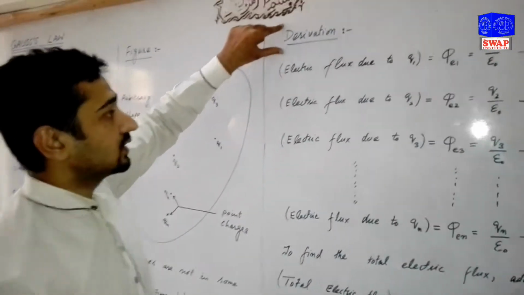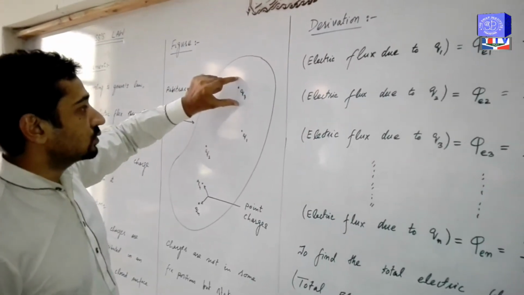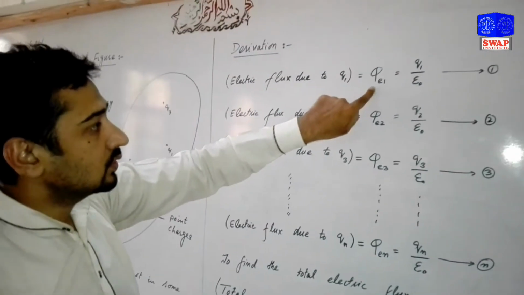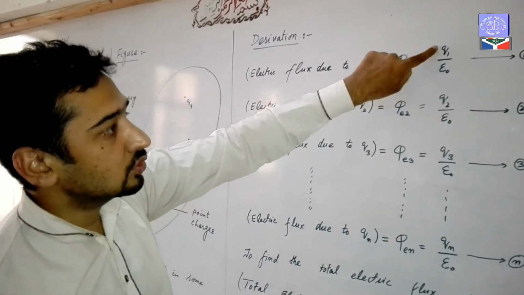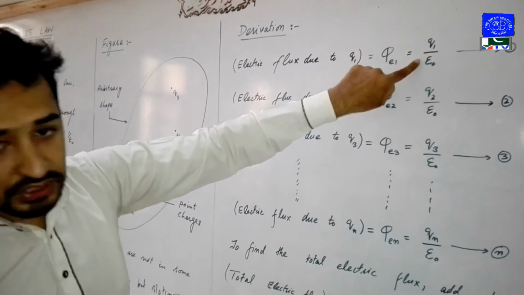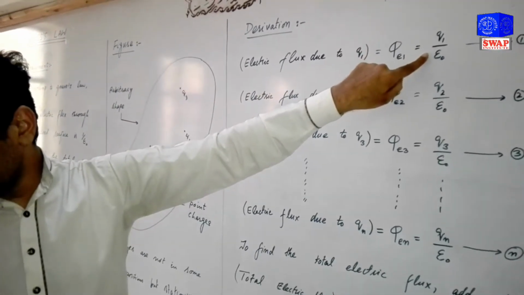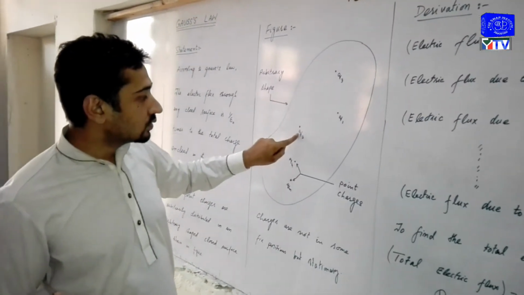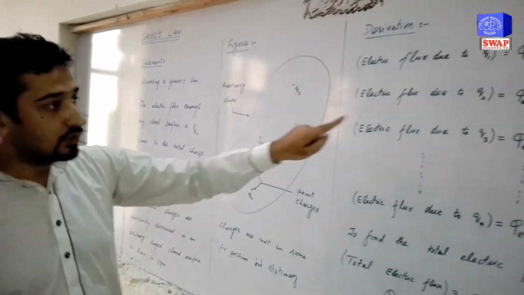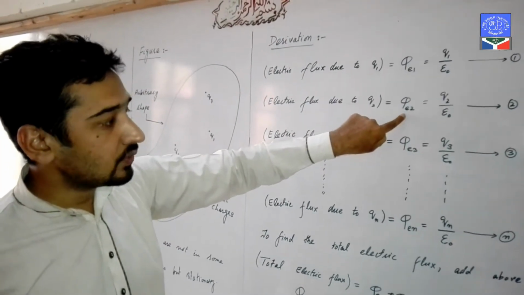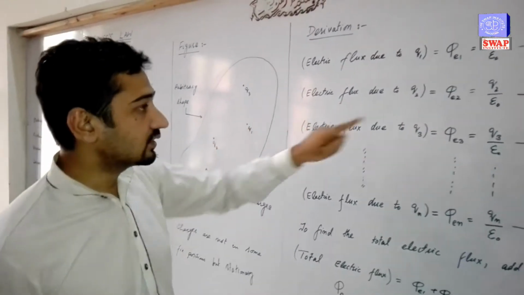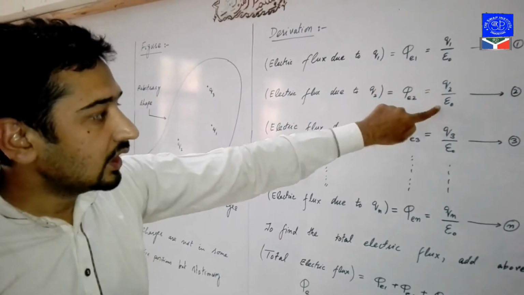Now I am going towards the derivation. The electric flux due to charge Q1 is phi E1, which is equal to Q1 over epsilon naught. This is an application of tomorrow's lecture. The electric flux due to charge Q2 will be phi E2, which is equal to Q2 over epsilon naught.